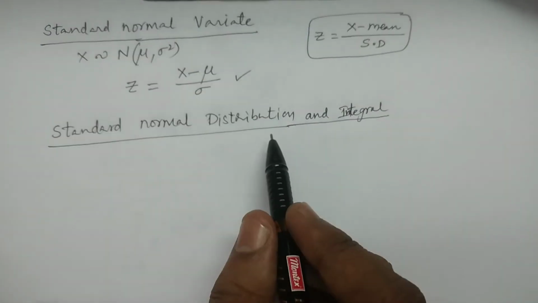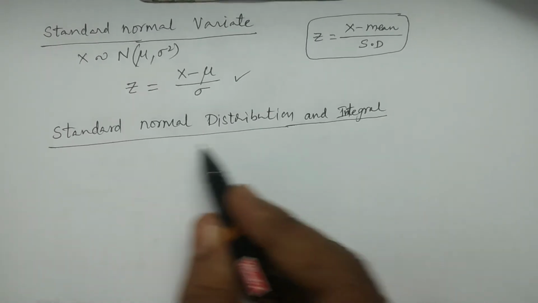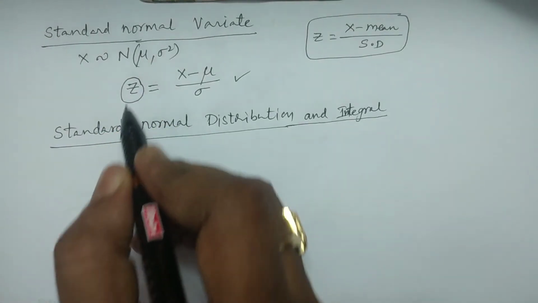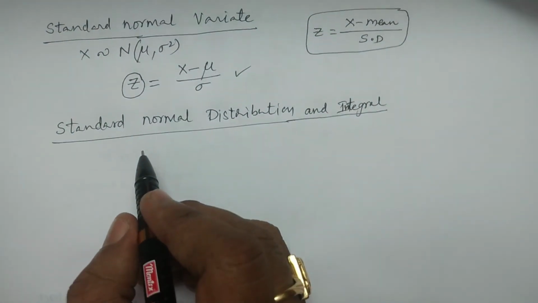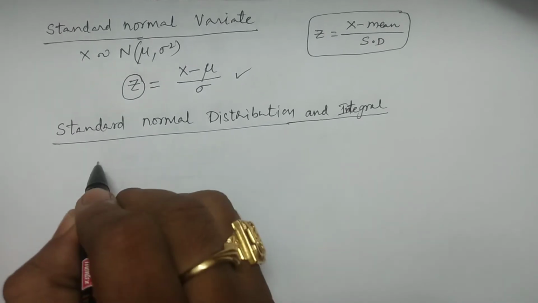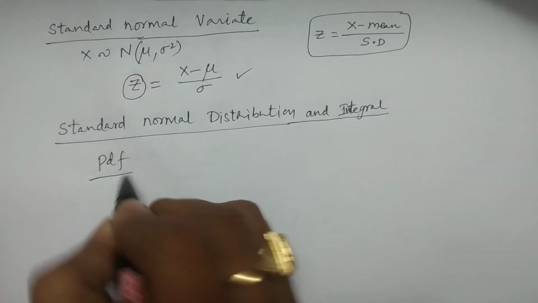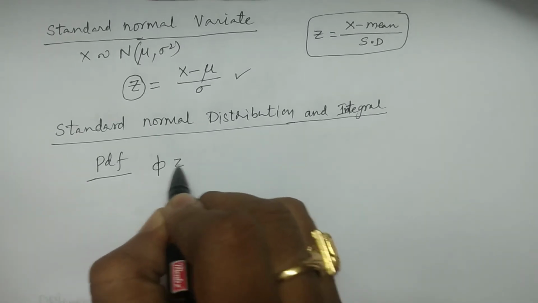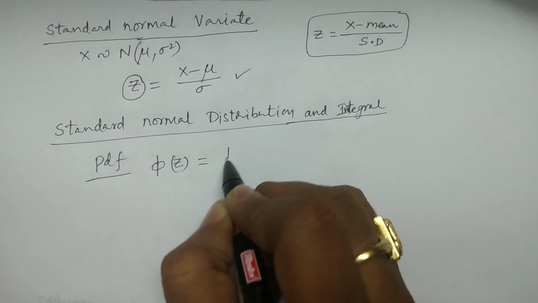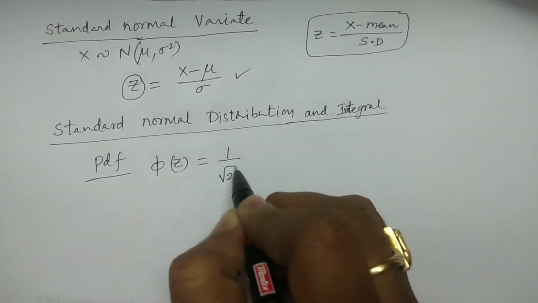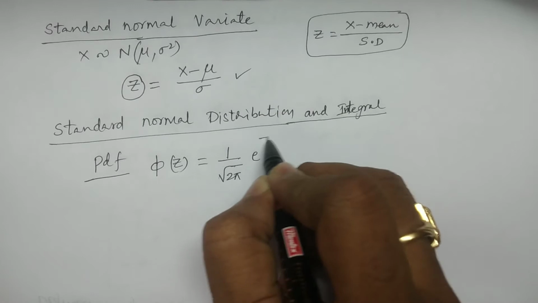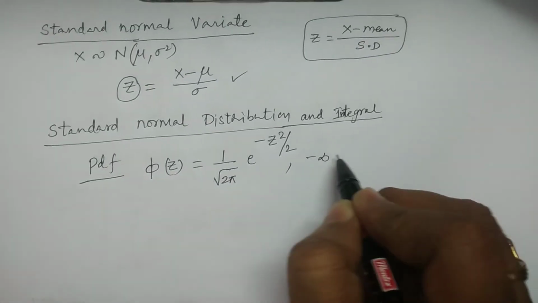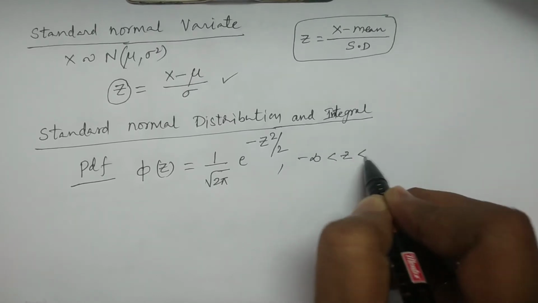Now come to the standard normal distribution. If any standard normal variate z has a probability density function, the probability density function I am writing as phi of z is equal to 1 by root 2 pi e power minus z square by 2, for which limits of z are minus infinity less than z less than infinity.